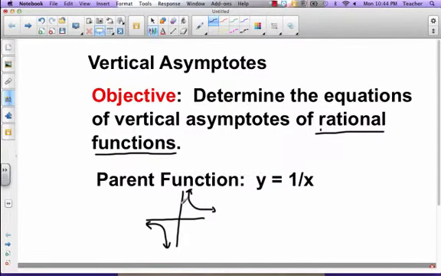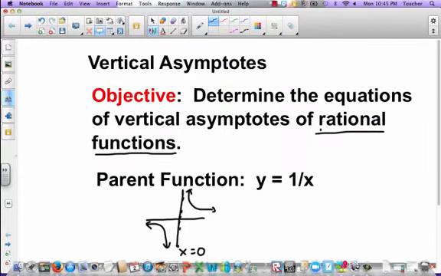The key thing that we're going to be looking at today is that because you would be dividing by 0 at x equals 0, we have what's called a vertical asymptote. The key thing about a vertical asymptote is that it's a vertical line that the graph will approach but not cross. Notice on either side of this vertical asymptote, the y values go to either positive or negative infinity.